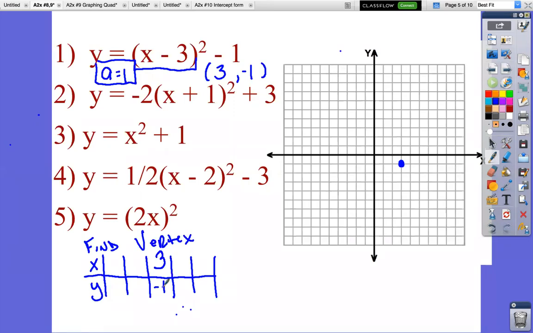Now, we're not going to really talk about this until Thursday, but we have what is called an axis of symmetry. Now, this is actually really important, this axis of symmetry. So I'm going to talk about the idea. We're going to talk about this more on Thursday.